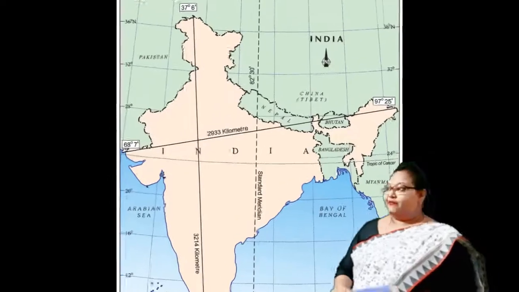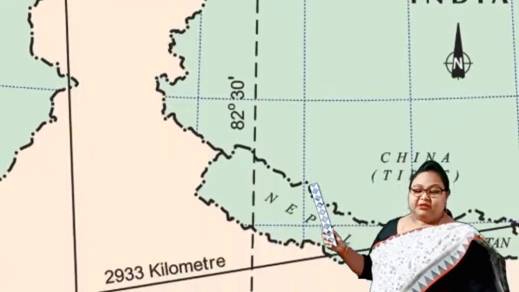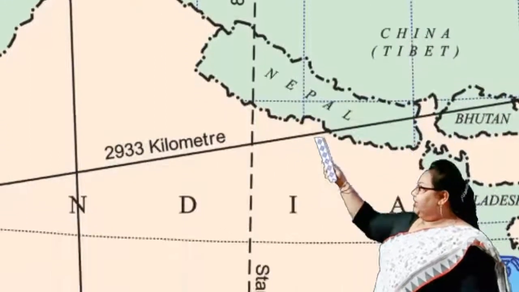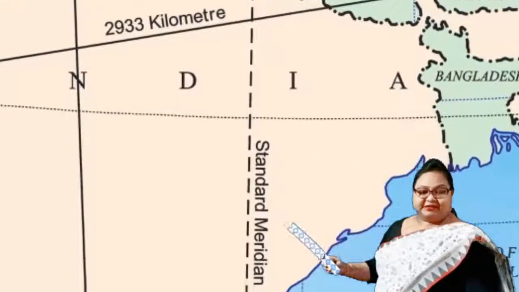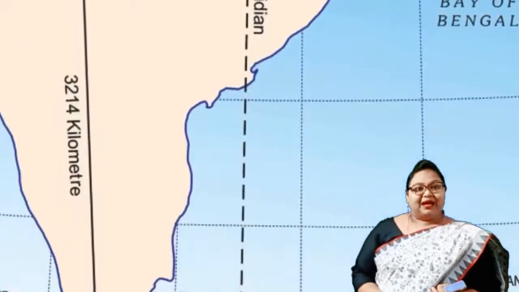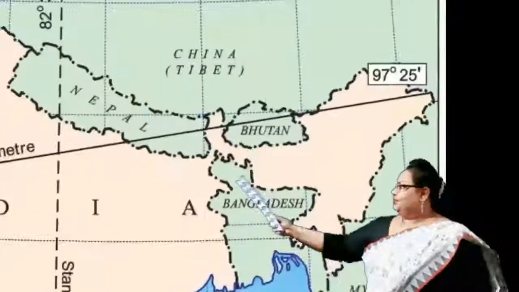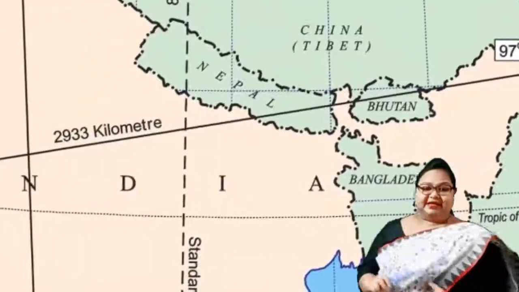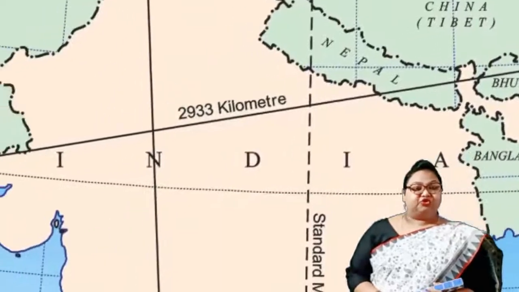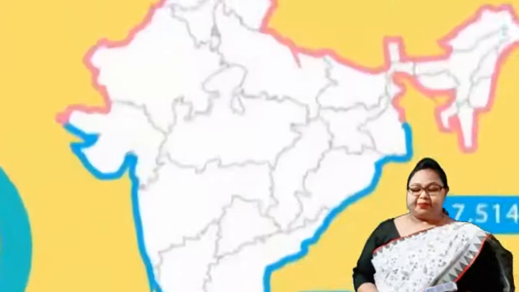Now, again follow the map and see, children, that the north-south extent of the mainland of India is about 3,214 kilometers, while the east-west extent is about 2,933 kilometers.